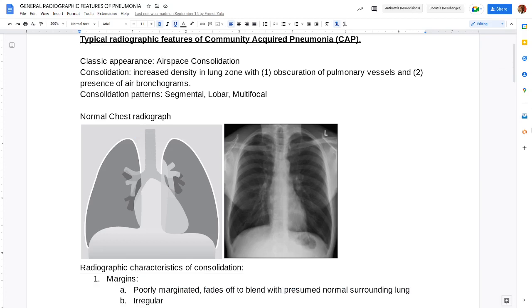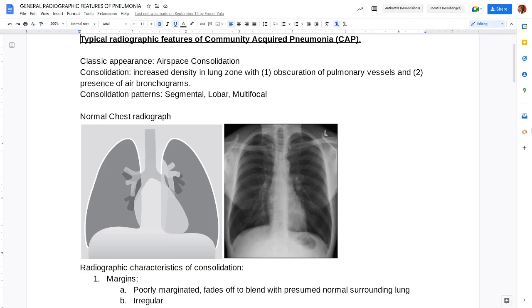The lungs appear black or dark on X-ray because they contain a lot of air. So the nature of an X-ray film or image is such that the areas where the X-rays are passing, where there's a lot of air, the image will look dark.